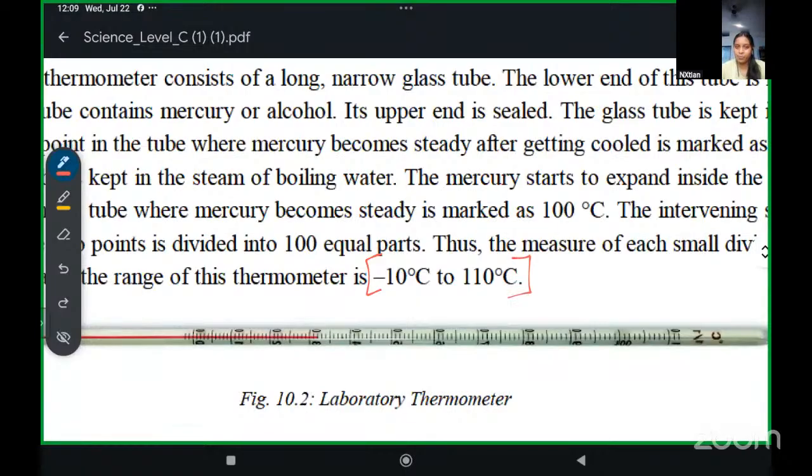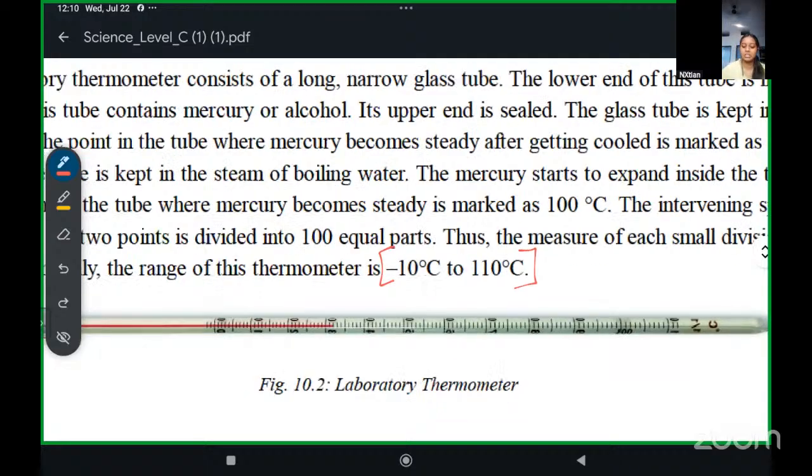Imagine how great the temperatures it can measure. That is why we use it to measure temperatures of boiling liquids, boiling hot water, and chemicals.